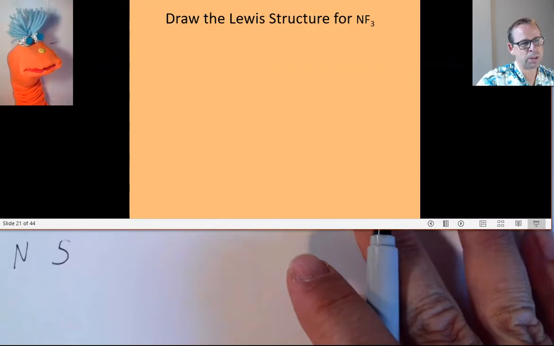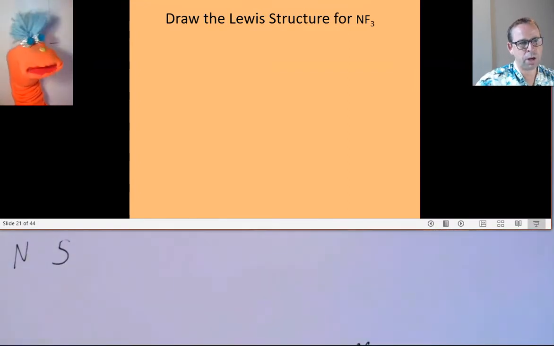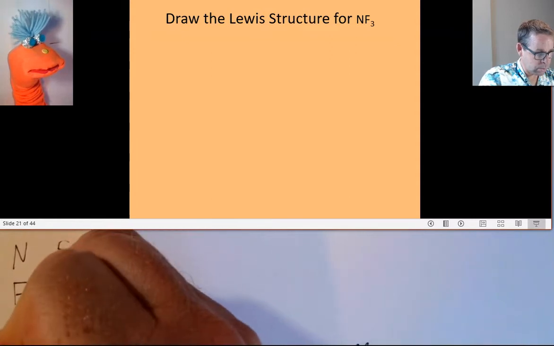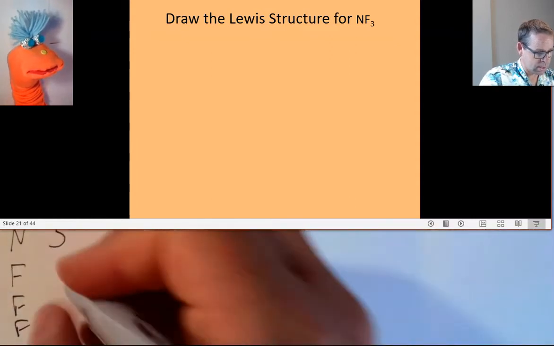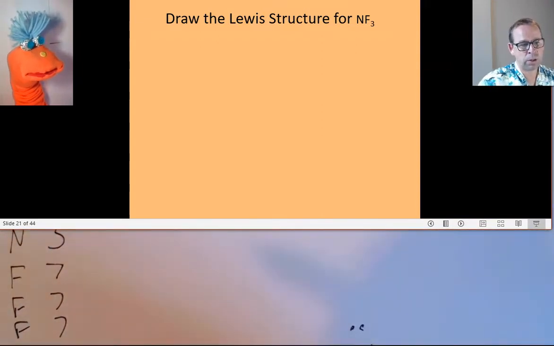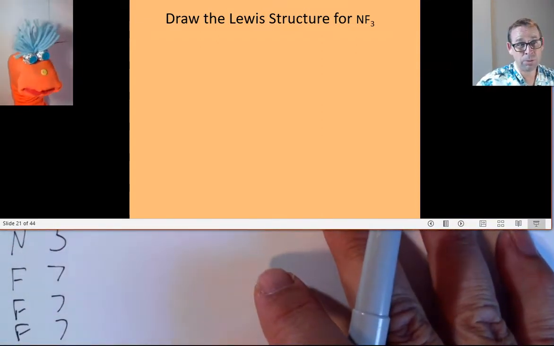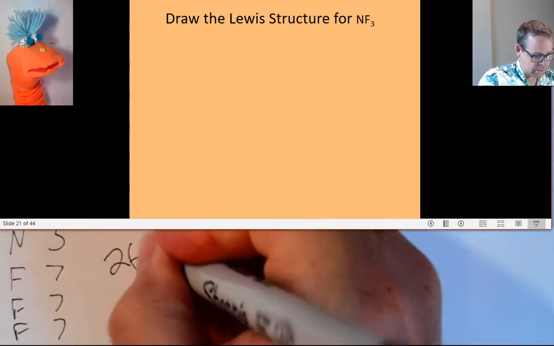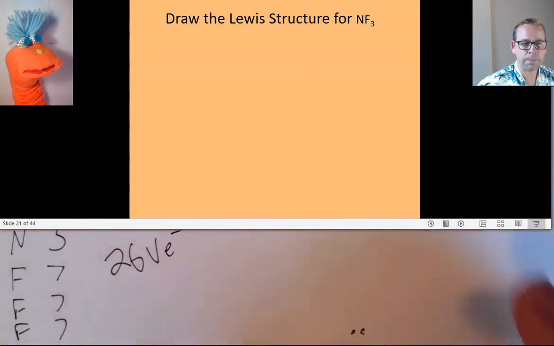I have it here. 7 valence electrons. So there are 3 fluorines, and each one of them brought 7 valence electrons. So that's a total of 26, is that right? Yeah, 26. So that's 26 valence electrons at this party.